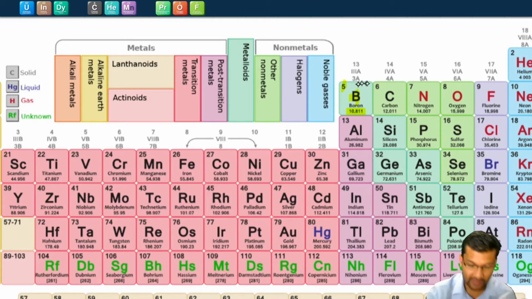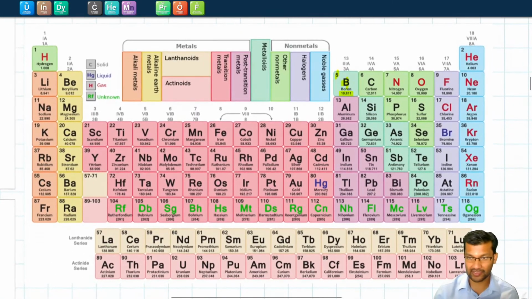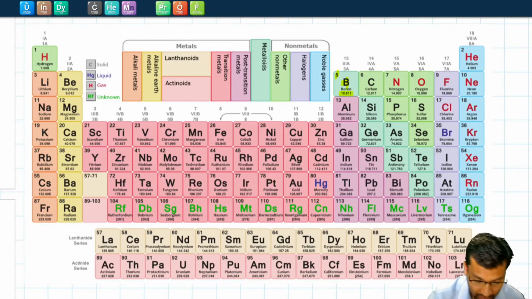So those three pieces of information are very crucial for what we need in Chem 150. So make sure you have a periodic table that's easily accessible, either printed or have a little tab on your browser that you can bookmark to get to a periodic table.